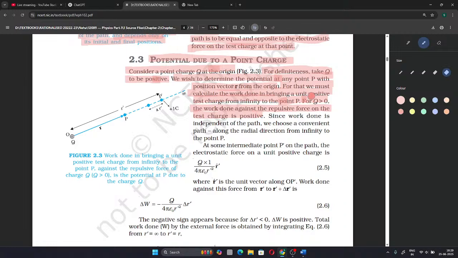Since work done is independent of the path, we choose a convenient path along the radial direction from infinity to that point. At some intermediate point P' on the path, the electrostatic force on a unit positive charge is Q over 4 pi epsilon naught R square times R vector.